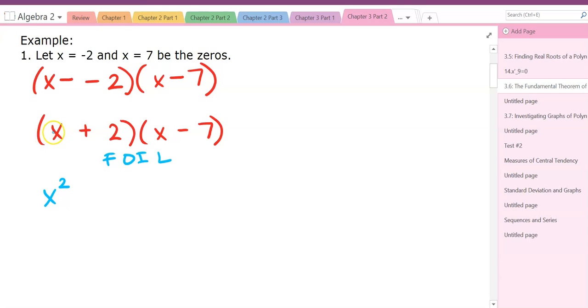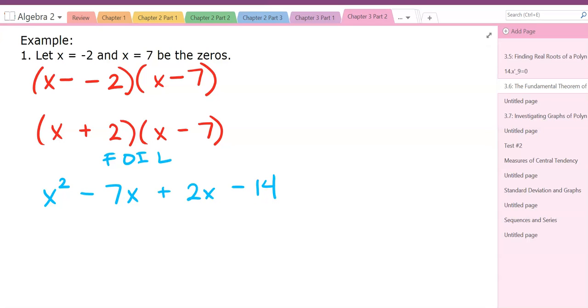So the first x and then that -7. So that gets you -7x. Inside are going to be the terms that are right next to each other here, where those parentheses kind of sit next to each other. So the 2 and the x. And then last would be the 7, or the -7 and the 2. So that's going to be -14.